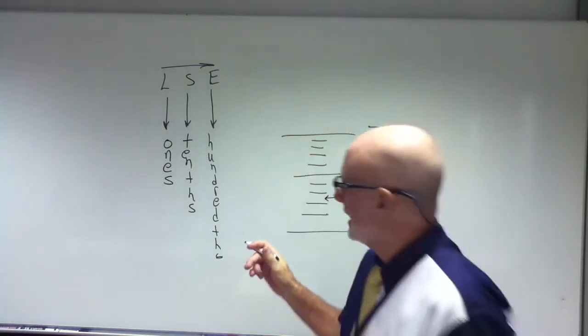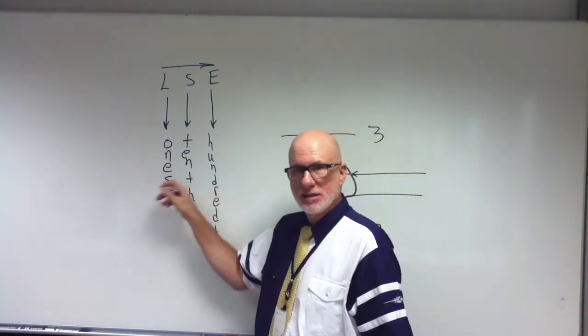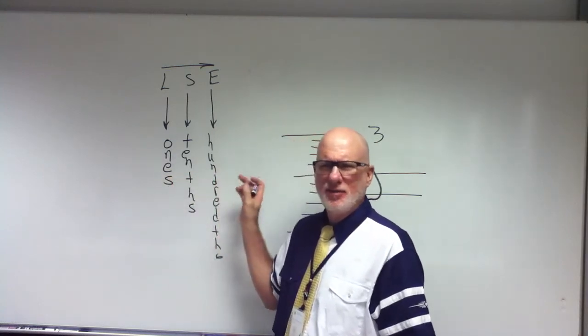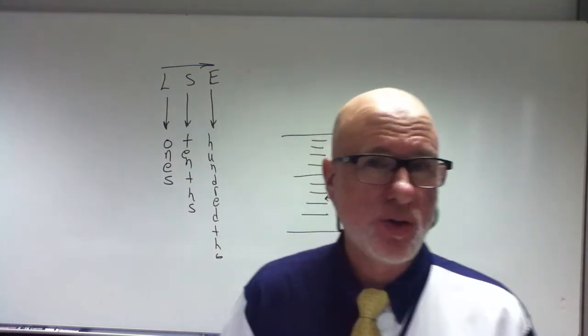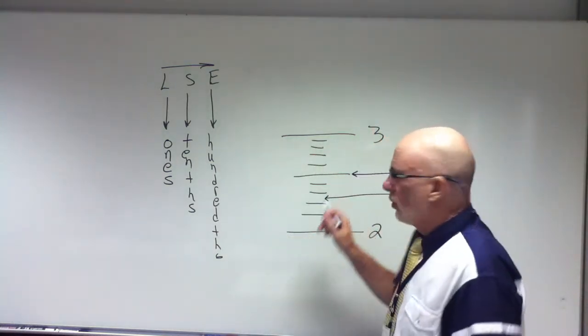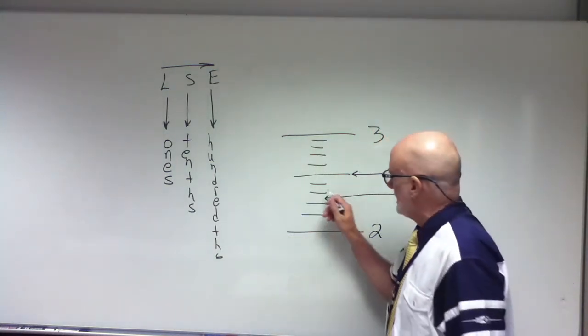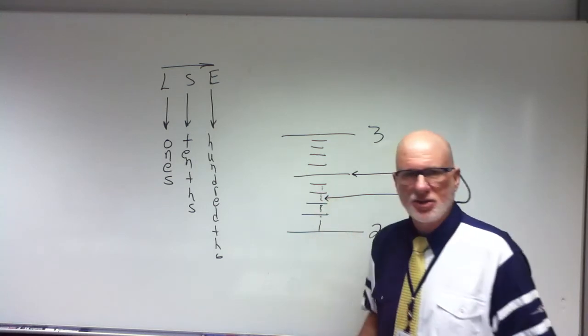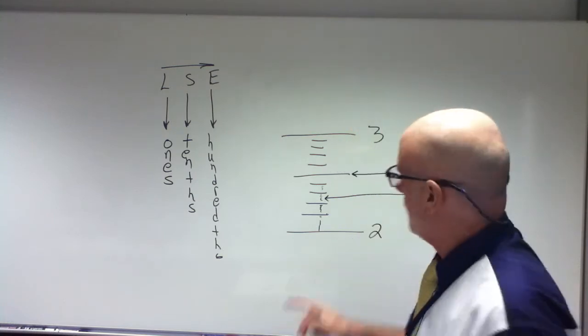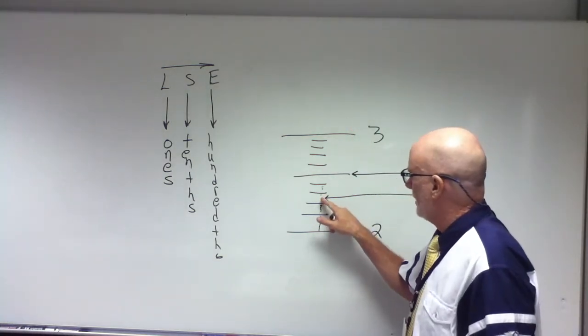So lowest to highest. I like that. But lowest to highest depends on if you're reading it from right to left or left to right. But there's an order. Okay, so where's the estimated place value? Well, there's no gradations there, so you have to estimate. What would you estimate that to be?